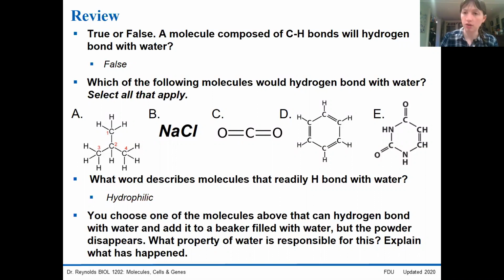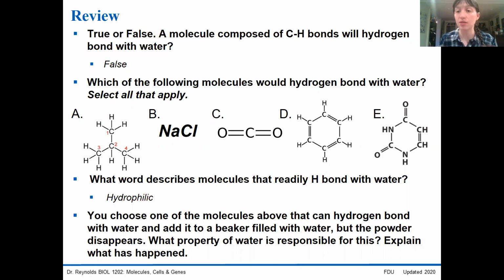When you do so, you need to make sure that you're using vocabulary words. Your first step would be to correctly identify the property. In this particular situation, it would be describing water's versatility as a solvent, because water is a versatile solvent. It's capable of hydrogen bonding with many different compounds.